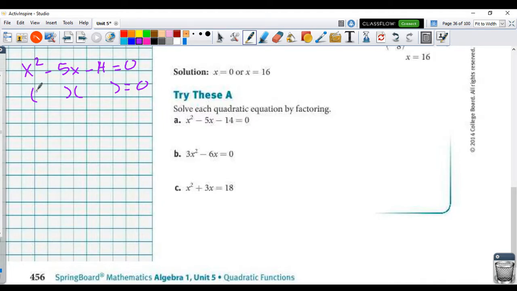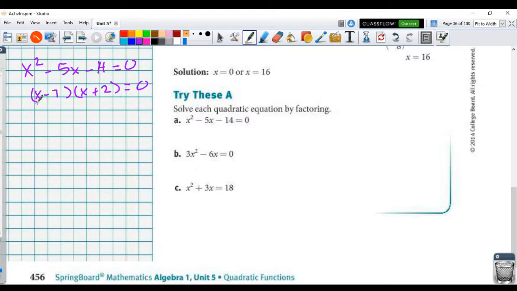Okay, so we know that x times x is equal to x squared here. Now we need something multiplied together to give us negative 14 here, and then added together to give us negative 5 here. So that's going to be negative 7 times positive 2. That would leave us with a negative 5x in the middle.